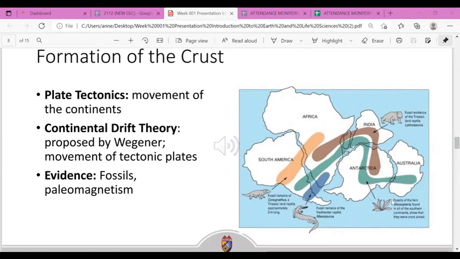This fern is found in Antarctica but they also found out the fossil of this in Australia, in India, in Africa, and in South America. Also with the fossils of this land creature on South America.